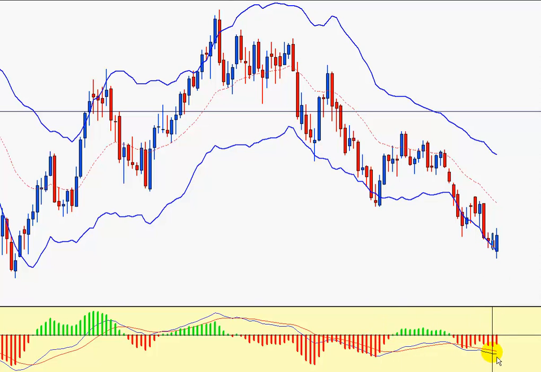This is called divergence. In this case, it's bullish divergence, and this is basically the indicator saying, I really don't support this move down here. That momentum is dying out, because this is a momentum indication using the MACD.